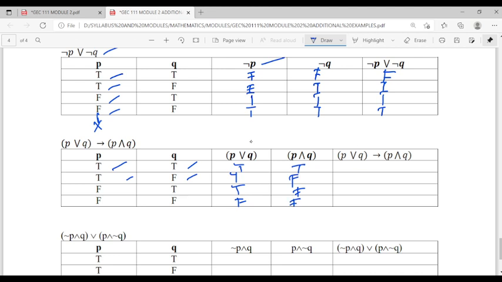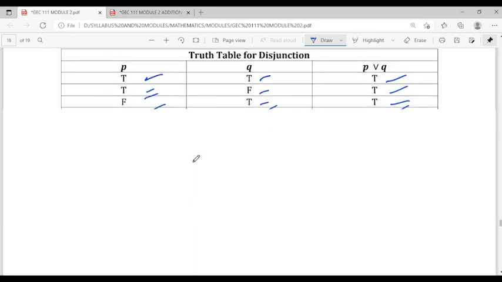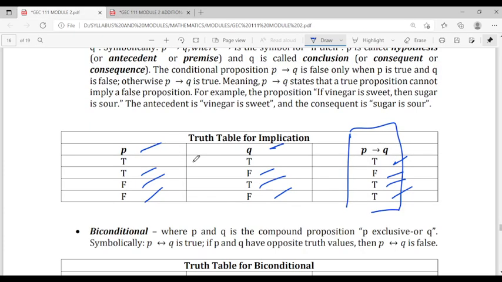And this time, we have to combine this, but the arrow here stands for implication, meaning if P is true and Q is false, we have false. Otherwise, lahat ay true na.